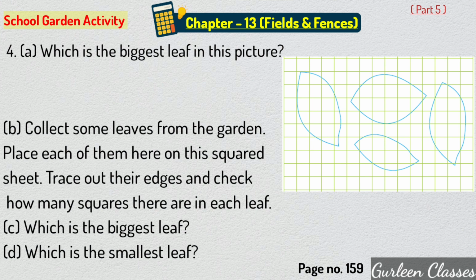And then you have to trace their edges and check how many squares are there in each leaf. C part, which is the biggest leaf? So the biggest leaf, students, you have to measure on your own. Whatever your answer is, you can write the biggest leaf and smallest leaf.